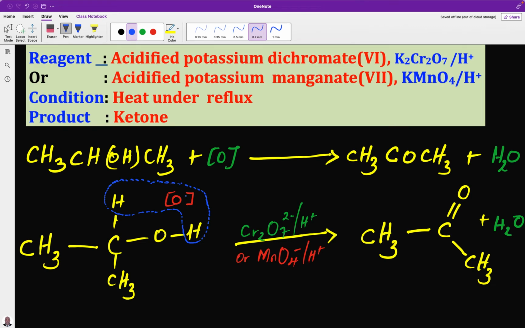That is where the oxygen comes. Now a molecule of water goes along with it. So that is how you see the whole thing going.